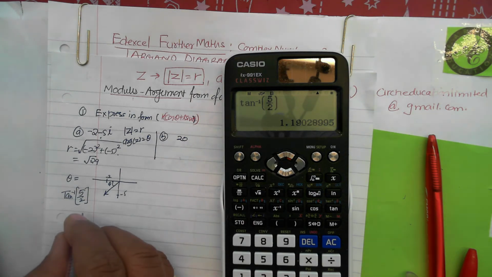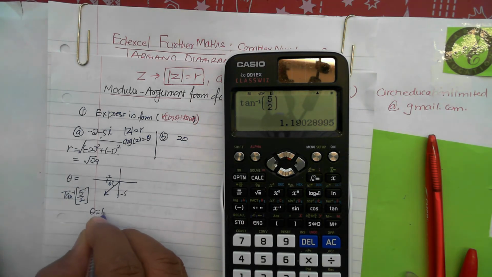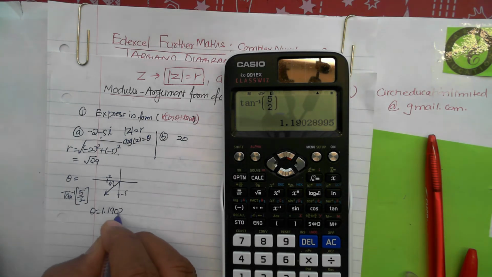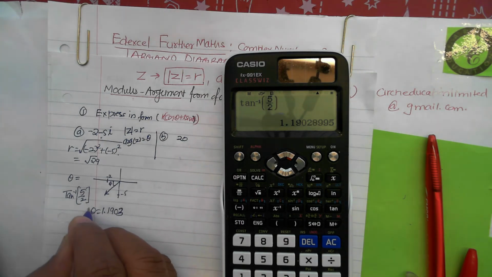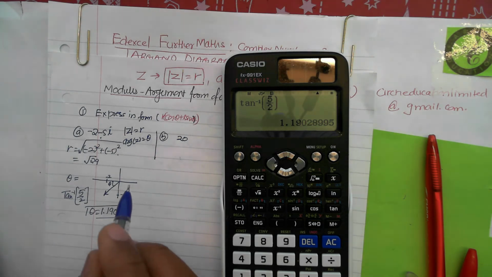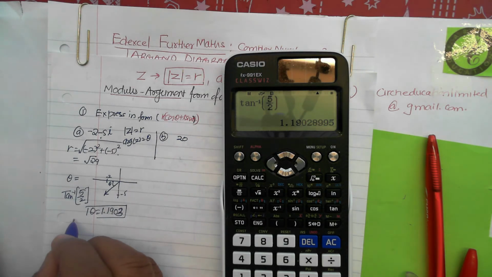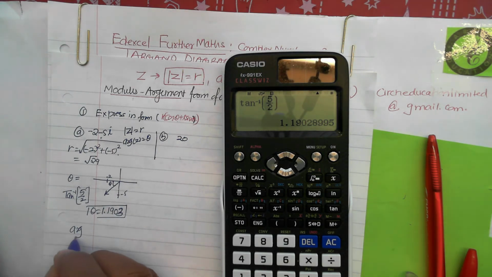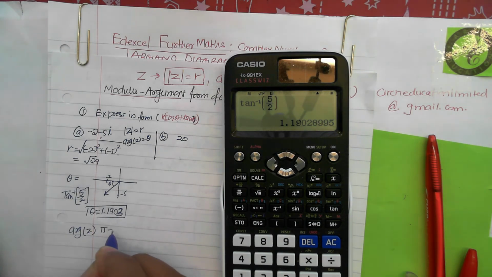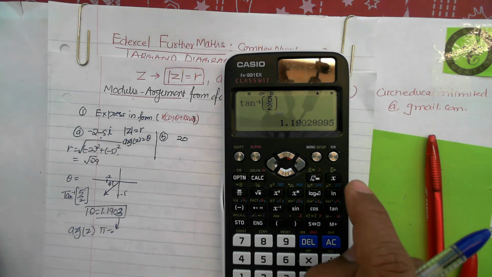The theta here is 1.190203, but my argument would be pi take away this answer.